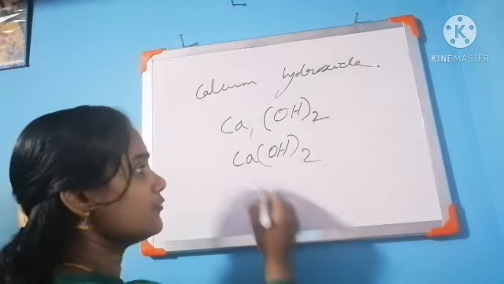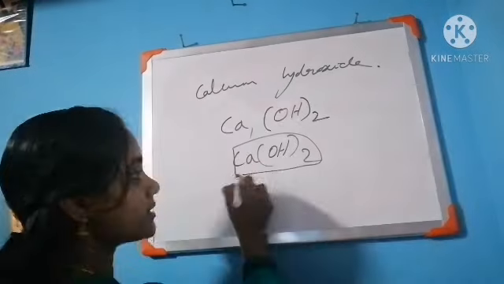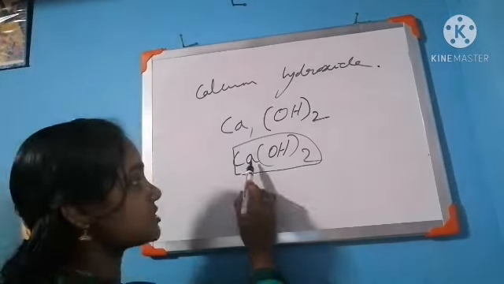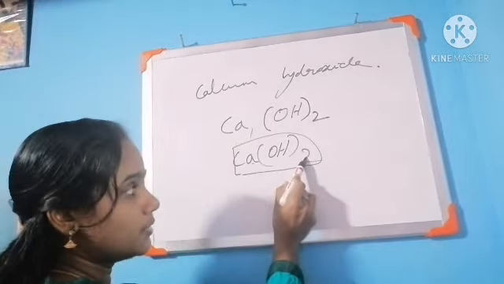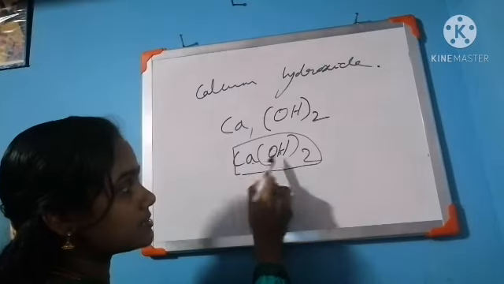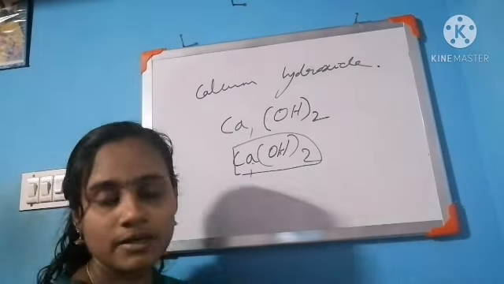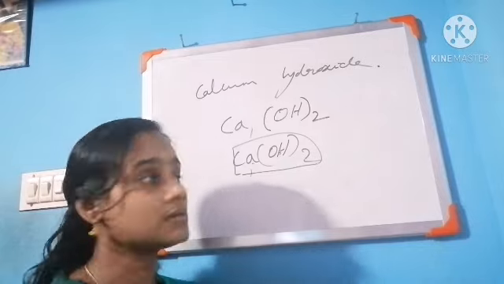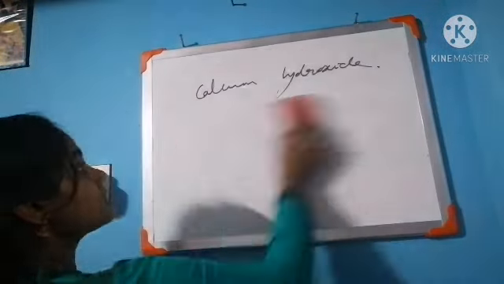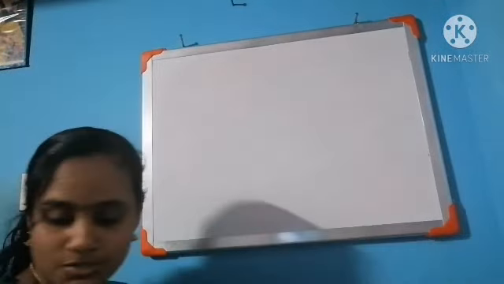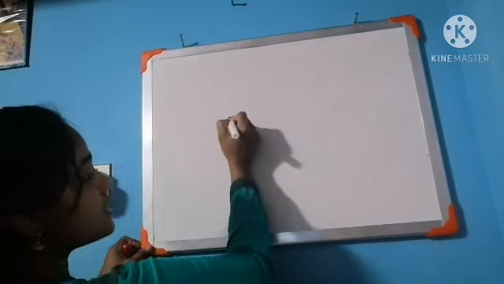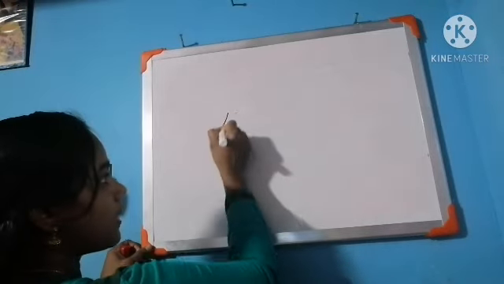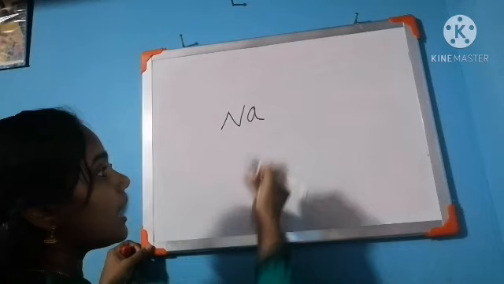Okay, from this equation, what do you understand? Calcium valency 2. OH valency, that is hydroxide valency 1. Is it clear now? Then another example, sodium hydroxide. What is the symbol of sodium? Na.